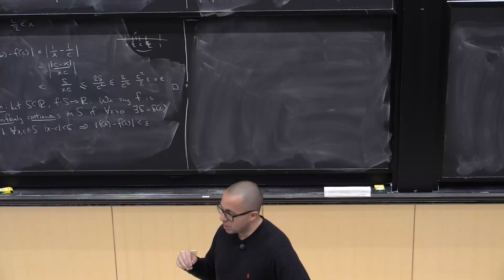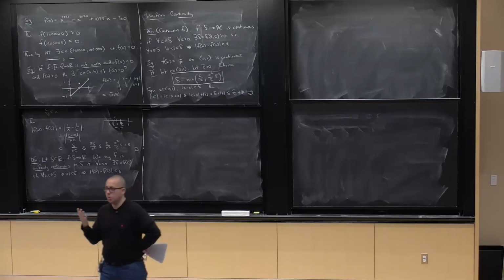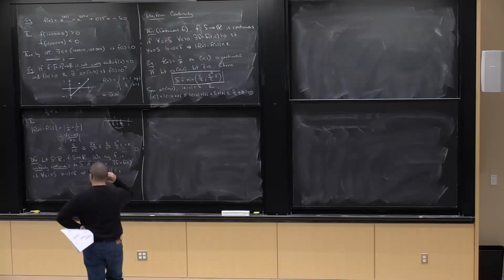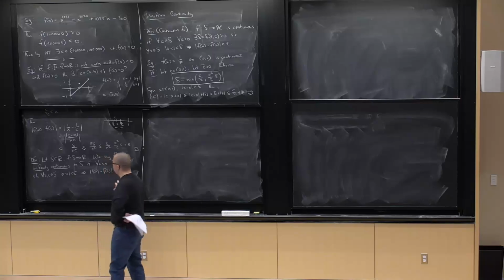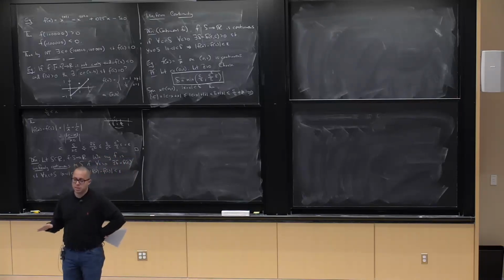The threshold of hearing what they're saying is the epsilon, and I have to change my delta depending on what point I'm at so that I can hear them. Now, uniform continuity is kind of like everybody's more or less speaking at the same level, the same loudness, all right?